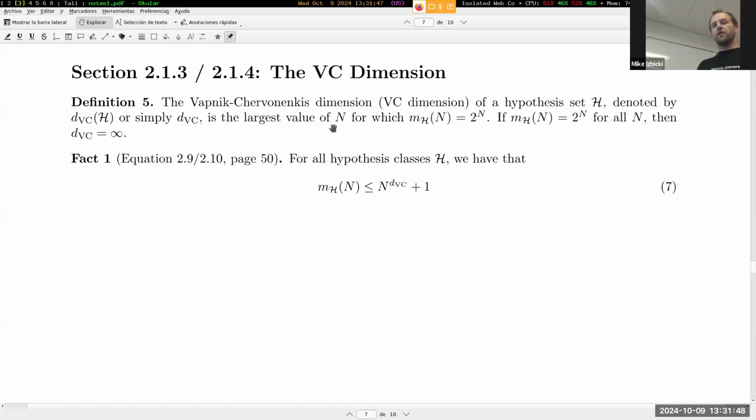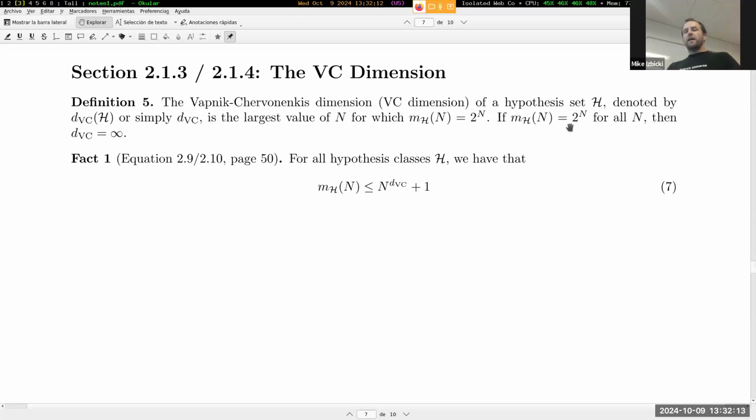And this is the largest value of n for which our growth function is exponential. One of the things that we saw last time is that the growth function is either going to be exponential like this, or it is going to be polynomial, and it cannot be anything in between. And if it is exponential, it in particular has to be exactly equal to 2 to the n. If it's not equal to 2 to the n, then it goes down to a polynomial.